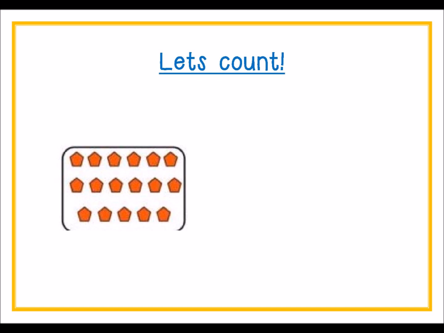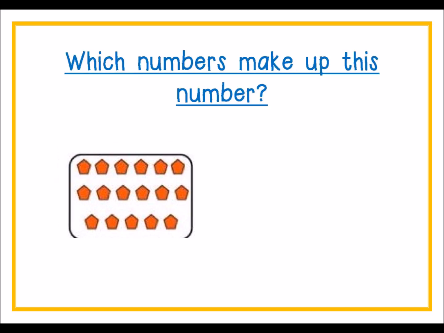Let's count together. 1, 2, 3, 4, 5, 6, 7, 8, 9, 10, 11, 12, 13, 14, 15, 16, 17. Our answer is 17. Did you get that right?